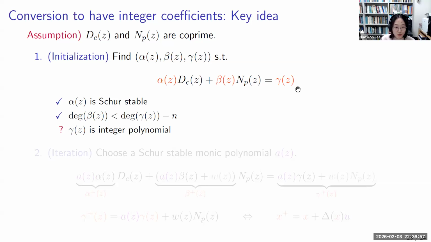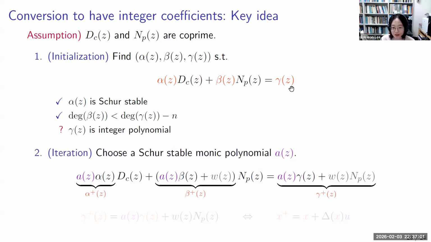However, we cannot make sure that gamma is an integer polynomial. So we update alpha, beta, and gamma so that gamma eventually becomes an integer polynomial.